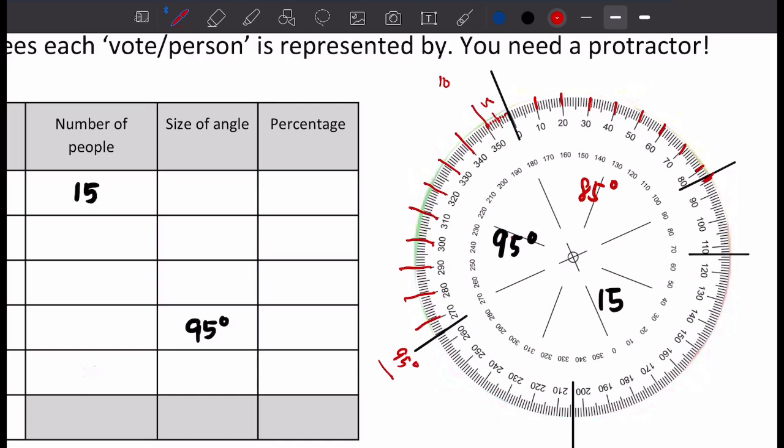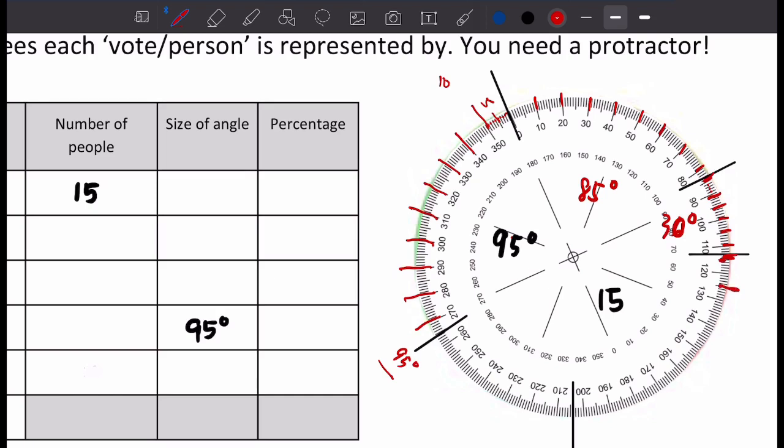This would be 1, 2, 3, 4, 5, 10, 15, 20, 25, 30. We're estimating to the nearest 5 or 0, because we are just using a virtual protractor. So this would be 30 degrees.